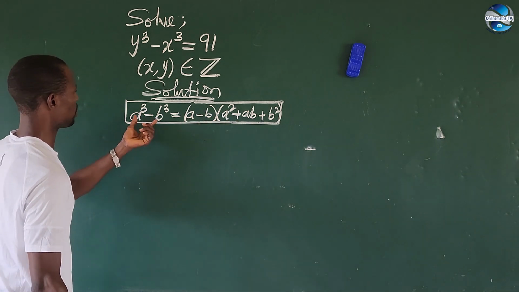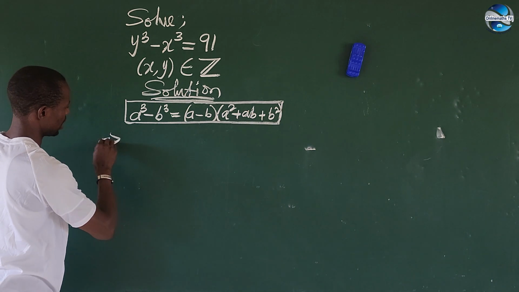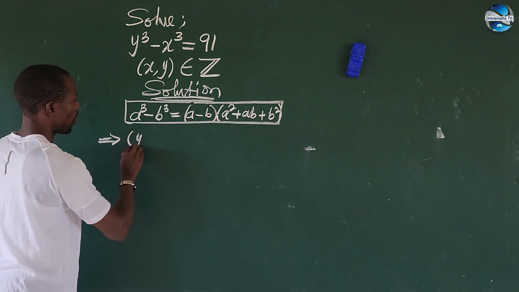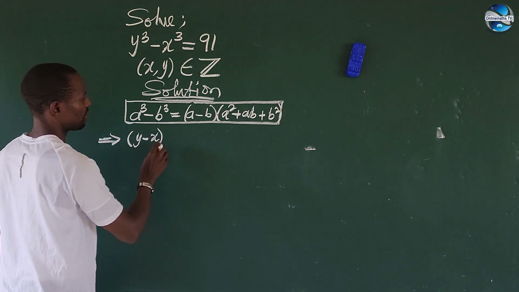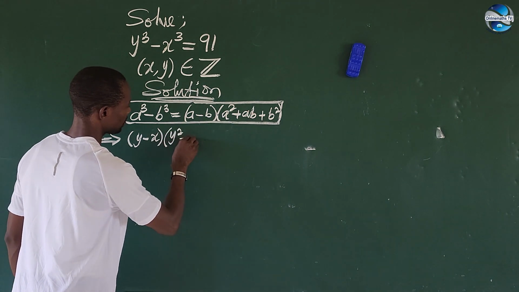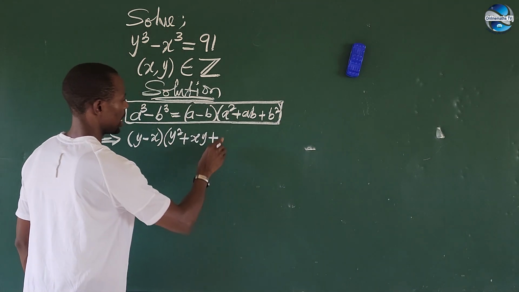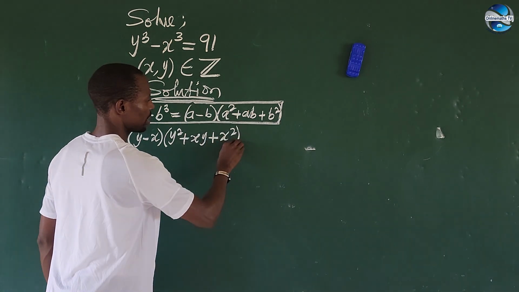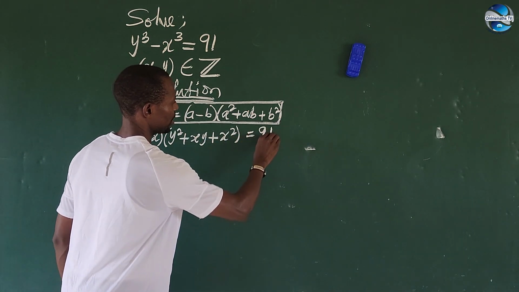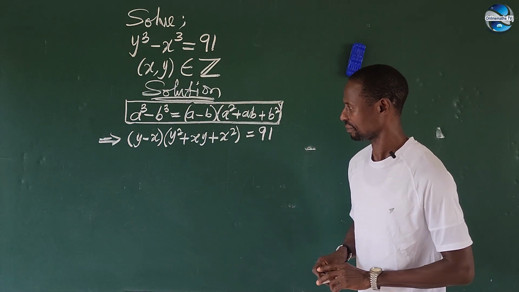So, we're going to take it from this format to this format. This now implies (y minus x)(y to the power of 2 plus xy plus x squared) equals 91. Easy. Okay, now let's look at this again.